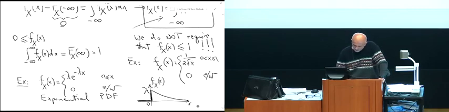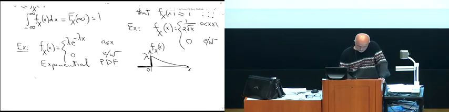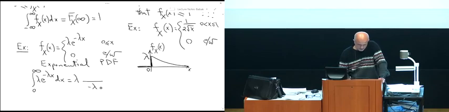Does this integrate to 1? If I integrate from 0 to infinity, it's 0 on the left side. But if I integrate this, I get minus lambda in the denominator, e to the minus lambda x, and it goes from 0 to infinity.